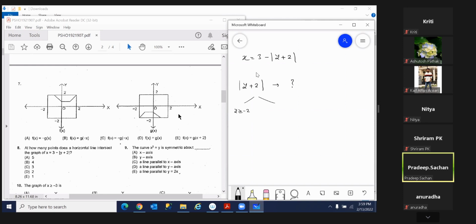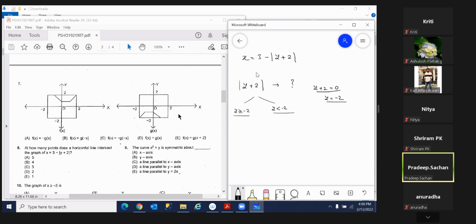And now you break your boundary into two parts. One boundary is when the value is minus 2 or greater than minus 2, and another is when the y value is less than minus 2. Now in the xy plane, y is equal to minus 2 will lie somewhere here, right? This will be my line. So y greater than or equal to minus 2 means I am going up, and y less than minus 2 means I am going down.